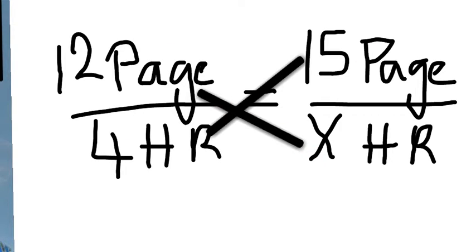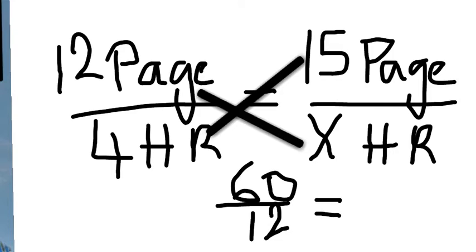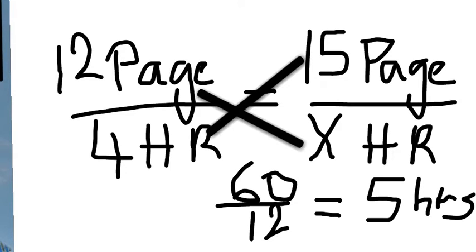4 times 15 is 60, so I write 60, and the number that faces X is obviously the 12, so I'm going to divide by 12. And what's 60 divided by 12? The answer is 5. So the answer to this question is 5 hours. Now, if you want to double check your answer, what's 4 times 15?